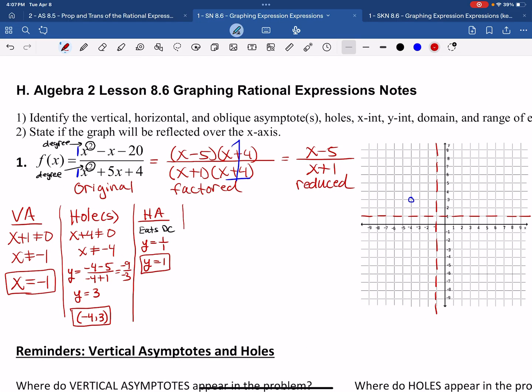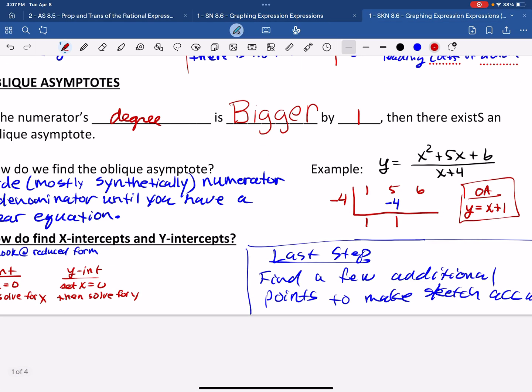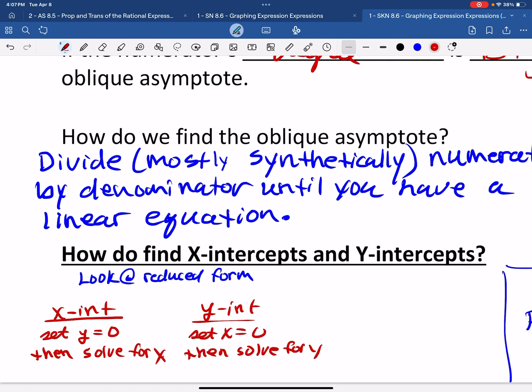All right, next up, we need some points. We have two asymptotes and a hole. Now we need some points. So now that's going to lead us to finding the x-intercept. If you look back at our notes on our x-intercepts down here at the bottom, we're going to look at reduced form, and we are going to set y equal to 0 and solve for x in reduced form.